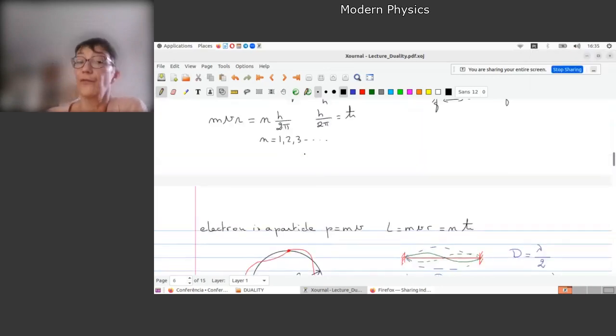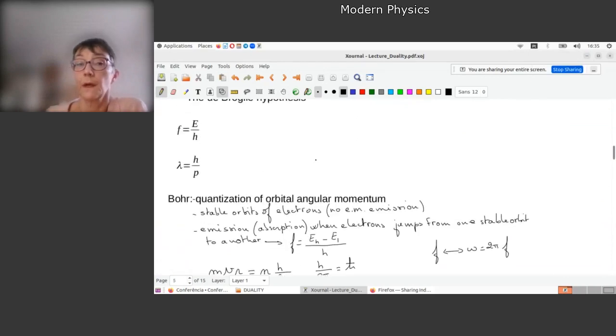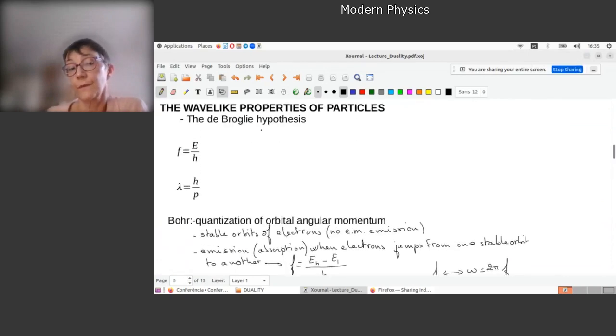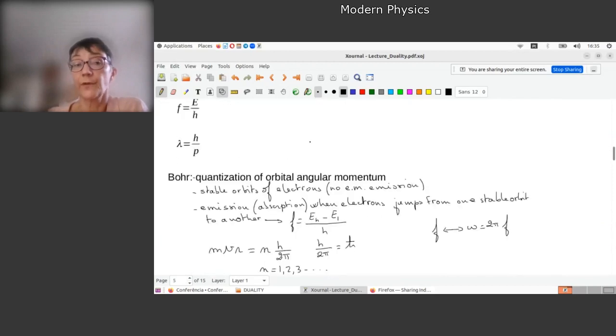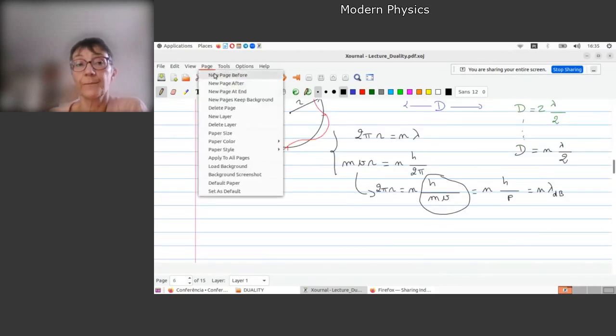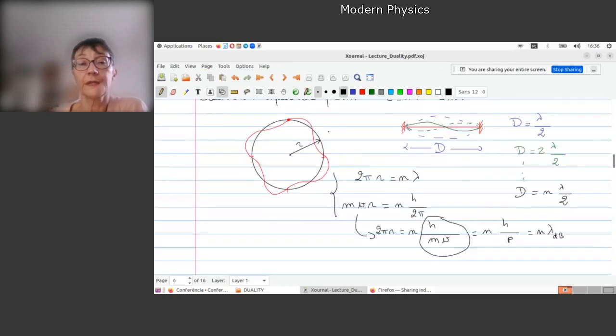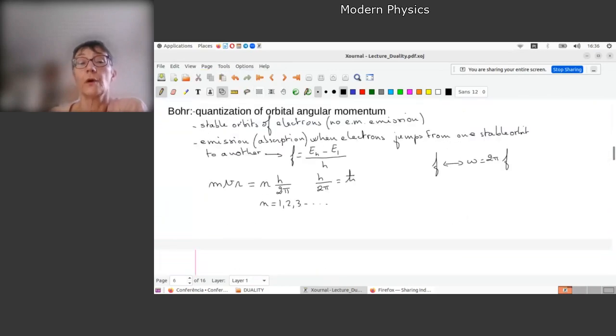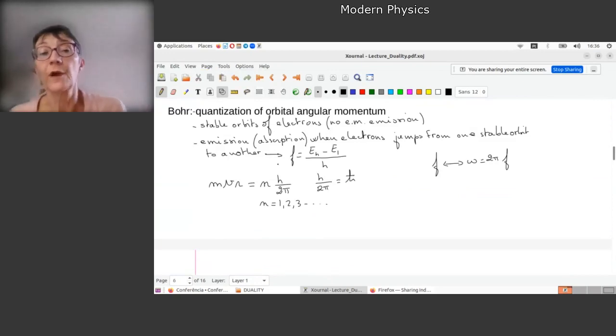Okay, so this is a first sign that it is really something very interesting and which seems coherent with what we have seen before. So the problem is, how do you put in evidence a wave-like behavior? You know very well how to observe the particle behavior of electrons.